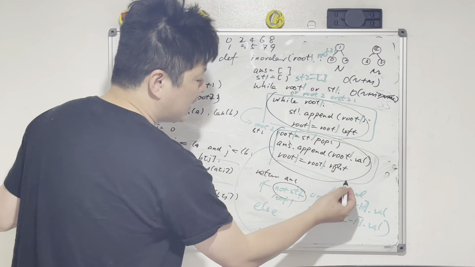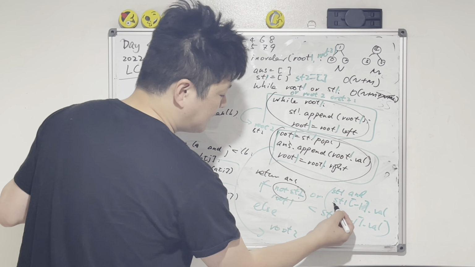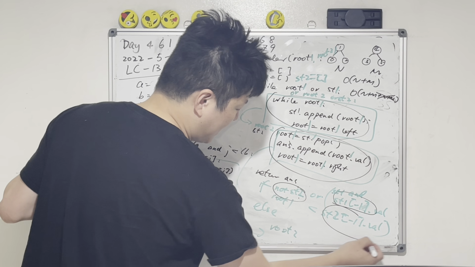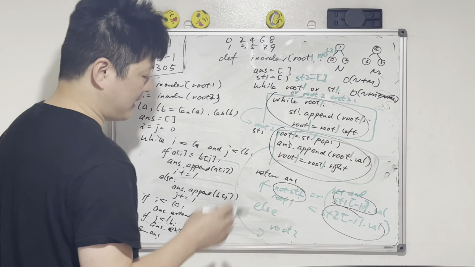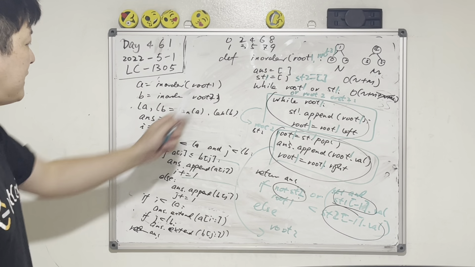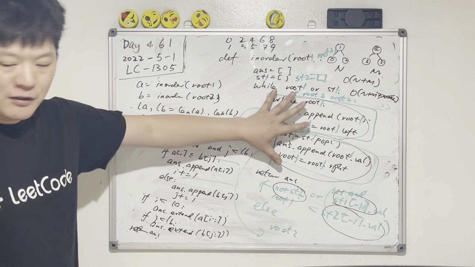Or if the second stack is not empty, but the top of the first stack is smaller than the top of the second stack, then we also take the node from the first stack. Otherwise, we take the node from the second stack. So this time complexity is the same, but it's one pass. The advantage of this is one pass.